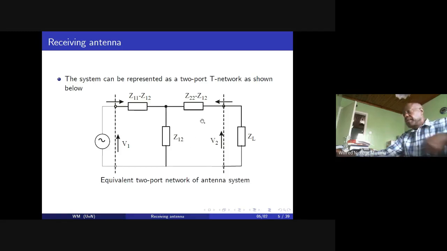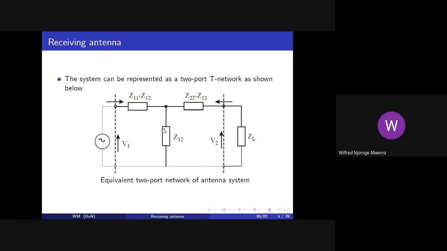This already invokes the idea that the two-port network we are dealing with is a reciprocal network. In a reciprocal network, you remember, the Z21, the forward transfer impedance, and the reverse transfer impedance Z12 are equal. Therefore I'm just replacing Z21 and Z12 with one single impedance here.